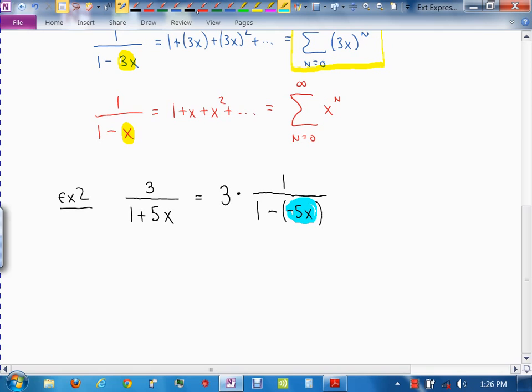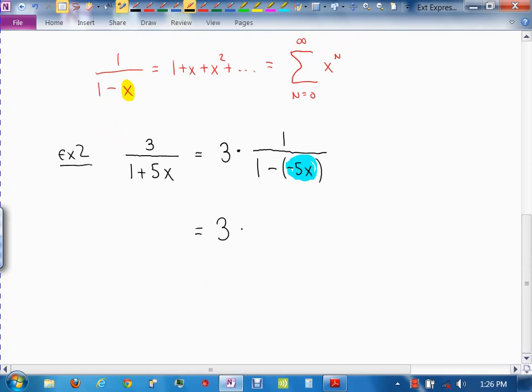So I'm going to go straight to the sigma notation answer from here. This equals 3 times the sum n equals what? 0 to infinity of negative 5x to the n, right? Agreed?